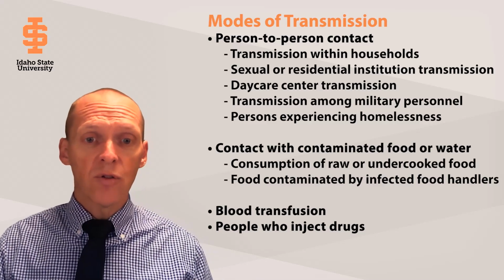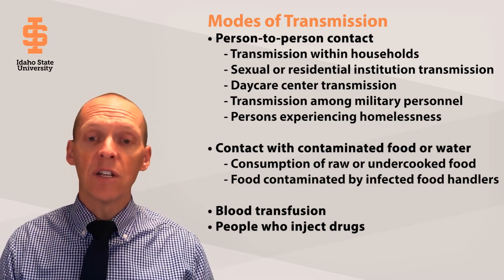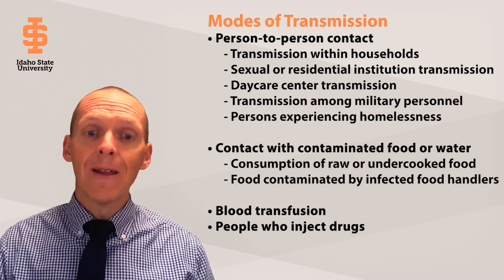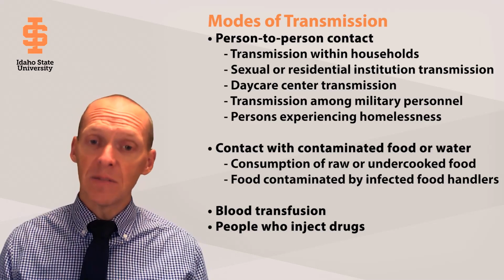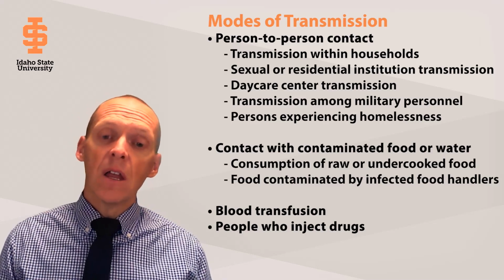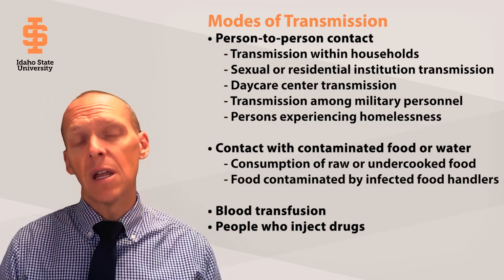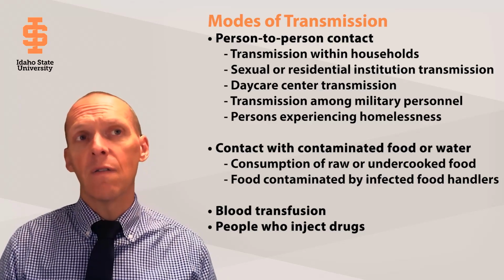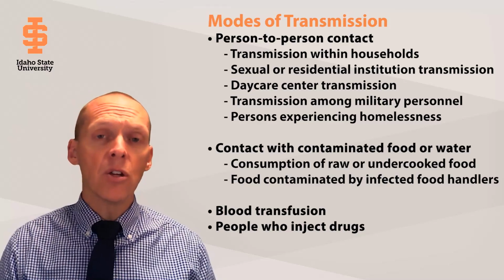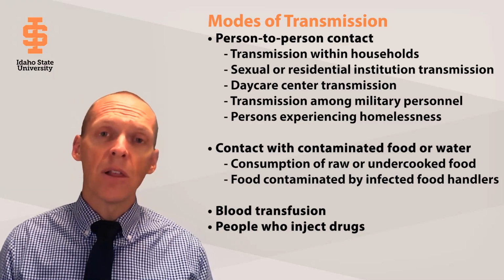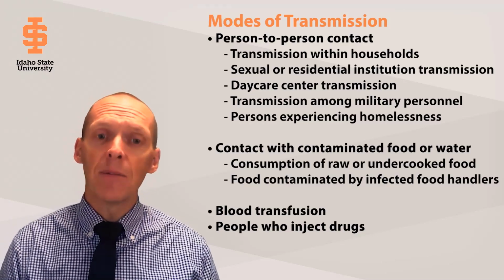There's also sexual transmission or transmission in residential institutions, daycares. It's been seen in military personnel. And the one I've highlighted here is those individuals experiencing homelessness. And that has been one of the major subpopulations that have experienced hepatitis A.